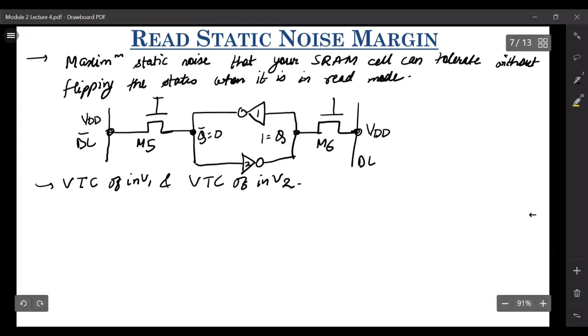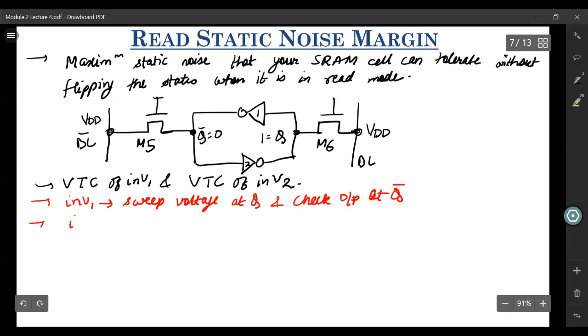In this read condition, for inverter 1, we sweep the voltage at Q and check the output at Q bar.